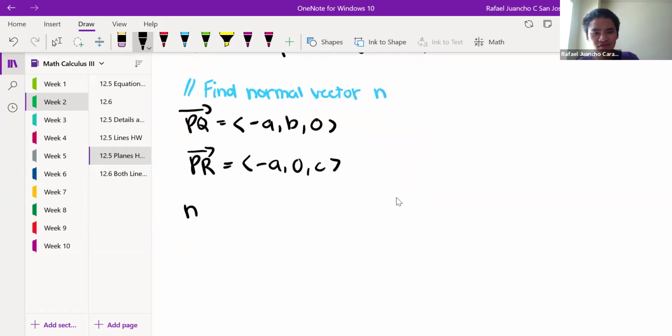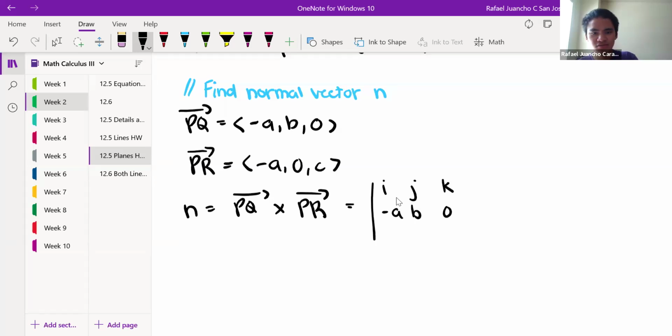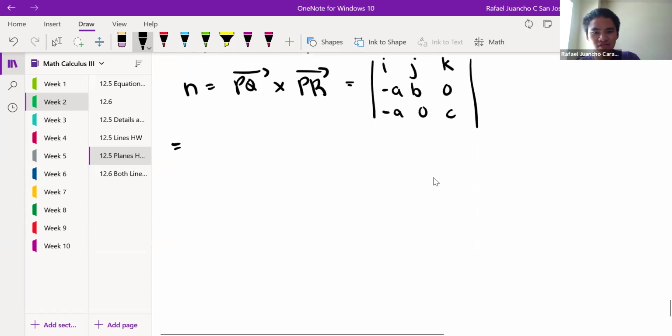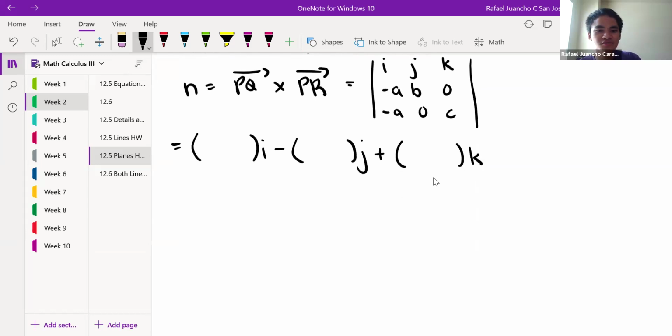We have these two vectors. Now we want to find vector N, which is the cross product of these. So let's do our i, j, k, negative A, B, 0, negative A, 0, C. Here we're just trying to find that vector, and we're using the cross product to do that.